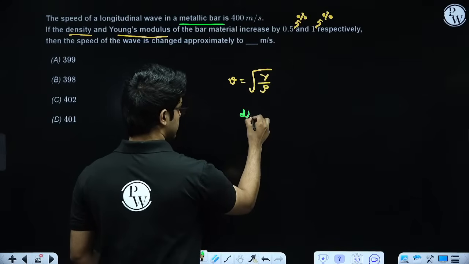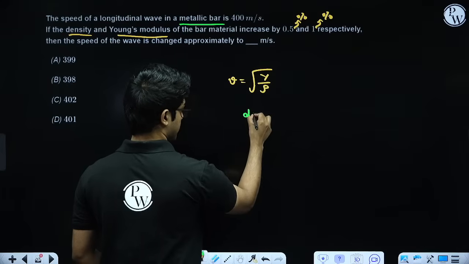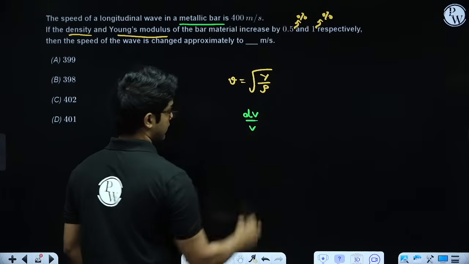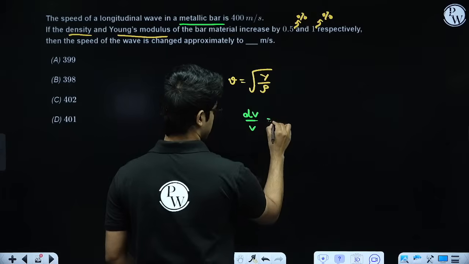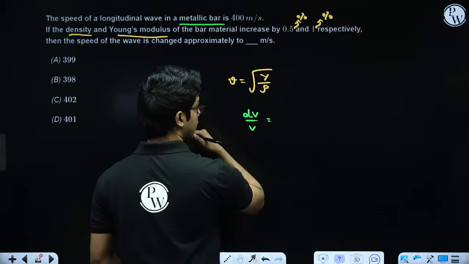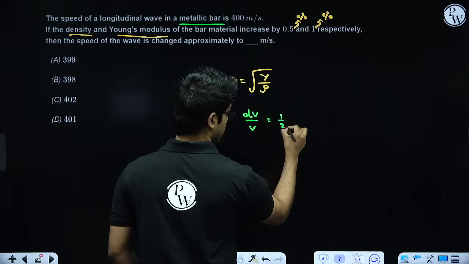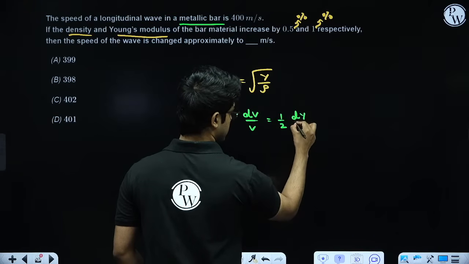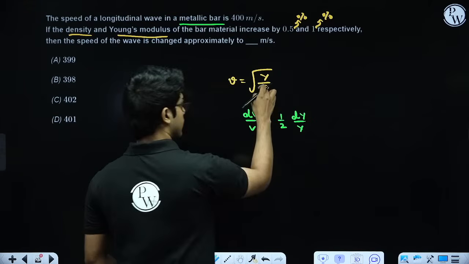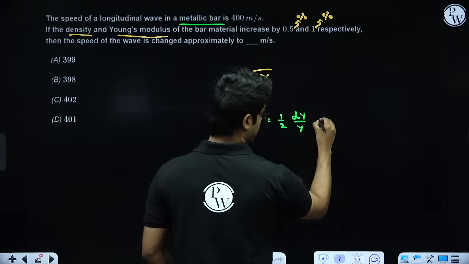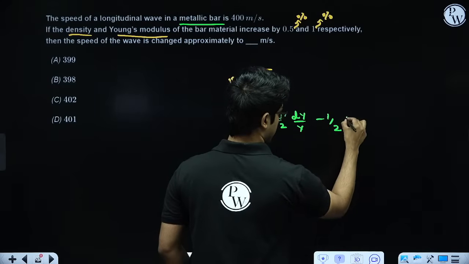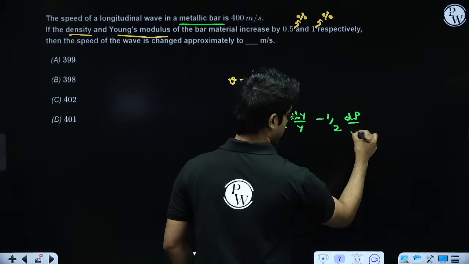So what we'll get is dV by V equals, for the dY by Y term there will be a half, so half dY by Y, and the rho is in the denominator, so there will be a minus half d rho divided by rho.